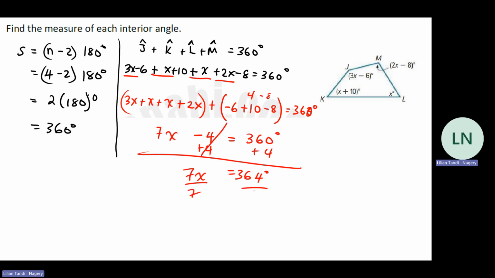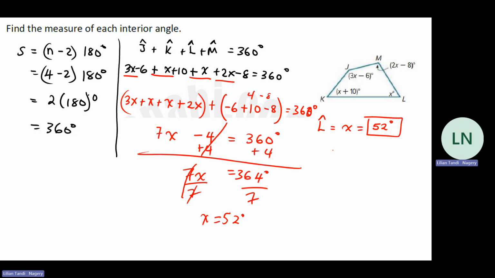Divide by 7, divide by 7. This goes away. X is 364 divided by 7, which should give us 52 degrees. Then we start finding our angles. Angle L, which is the same as x, is 52 degrees.